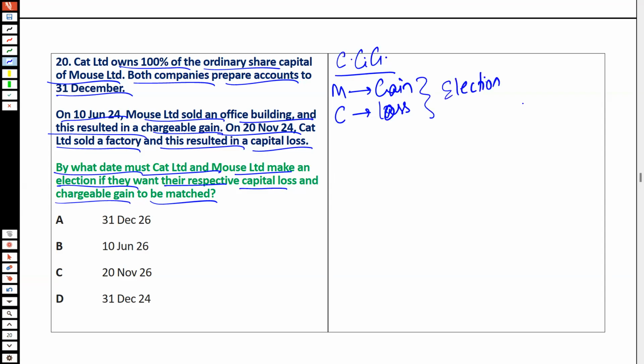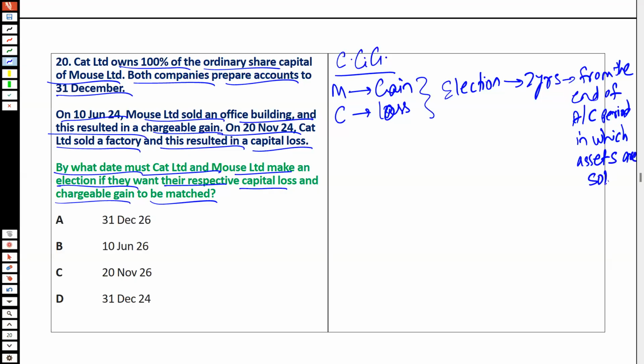If I were to make a principal statement, the election time is 2 years from the end of the accounting period in which the assets are sold.